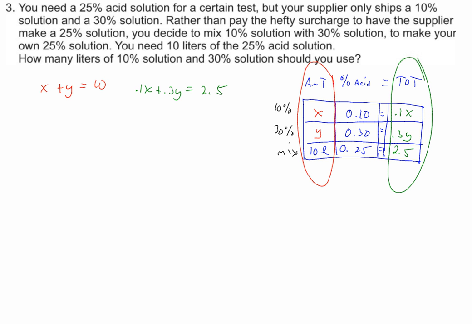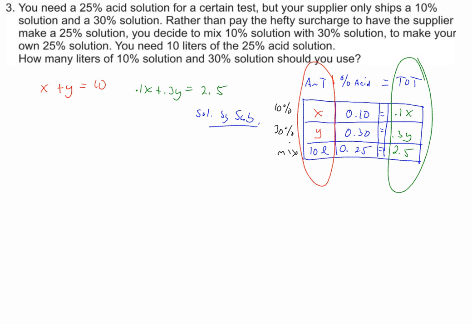Correct. Okay, we've got our two equations. We're not going to solve by graphing. So what are the other two methods? Eduardo? Substitution and elimination. Abby, which one do you want to go for? I would definitely go with substitution. So we're going to solve by substitution.